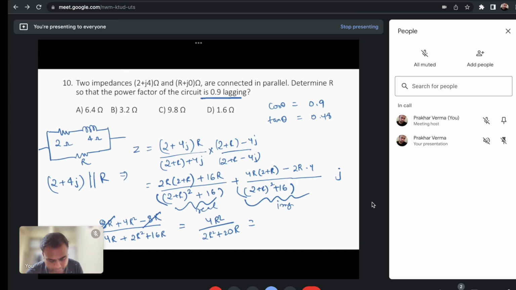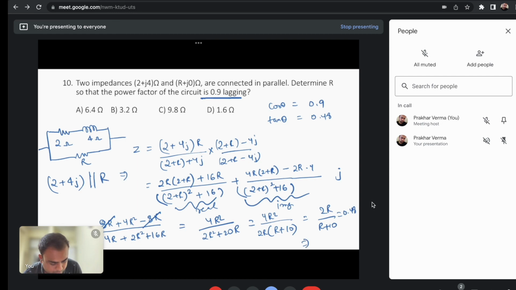Taking 2R common, this becomes R plus 10, and above it becomes 4R square, so it is 2R by R plus 10 equal to 0.48.